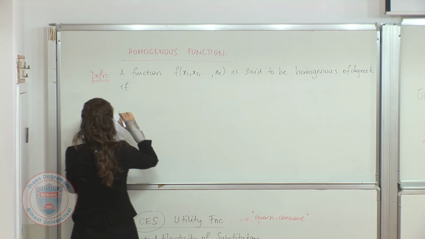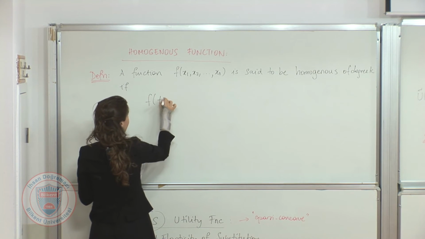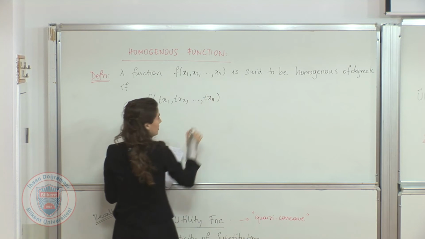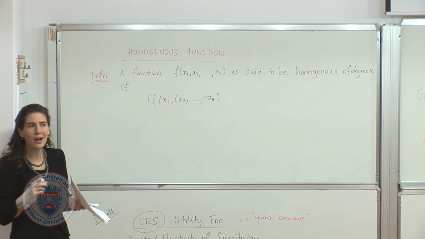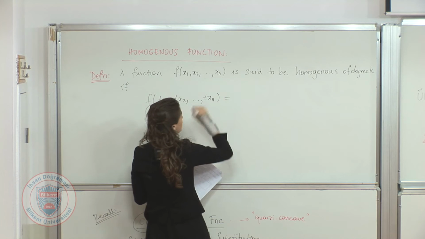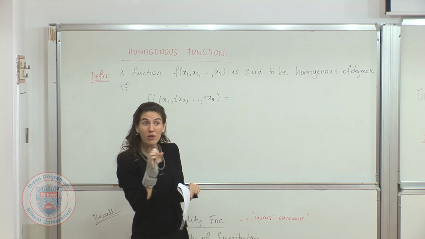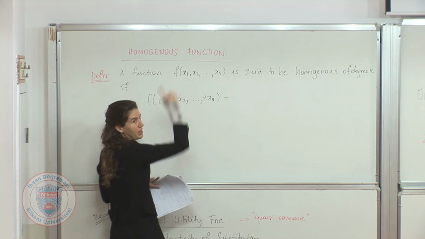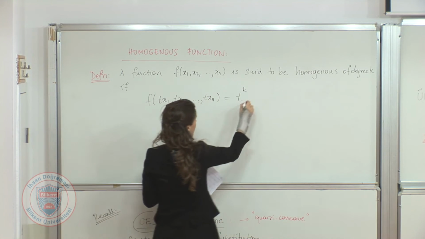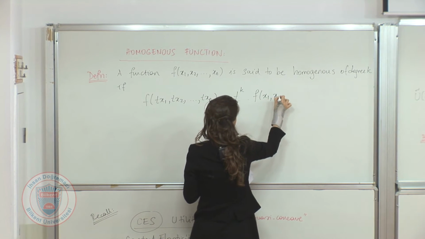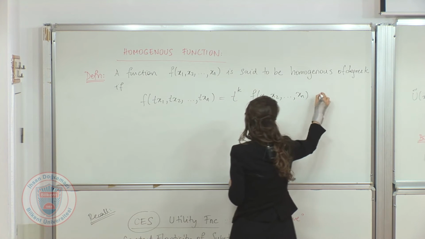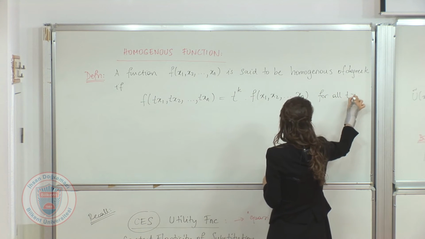Basically it means this: if I multiply all the arguments by a constant t, then, if the function is homogeneous of degree k, this t pops out and takes the exponent k. And this should be true for all t greater than 0.